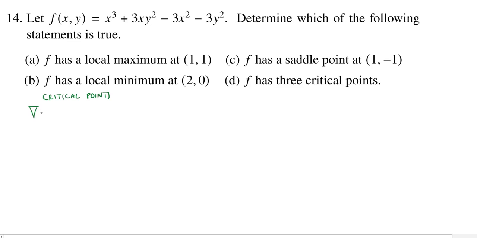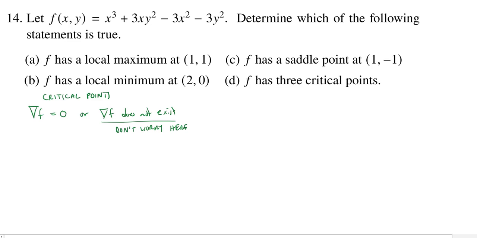Critical points occur where the gradient is equal to 0 or the gradient does not exist. Now, this second condition is not going to be terribly relevant here because we're looking at a polynomial. The gradient is going to exist everywhere, right? This is a beautiful, everywhere differentiable function. So there's not going to be an issue with that, and we don't need to worry about this.